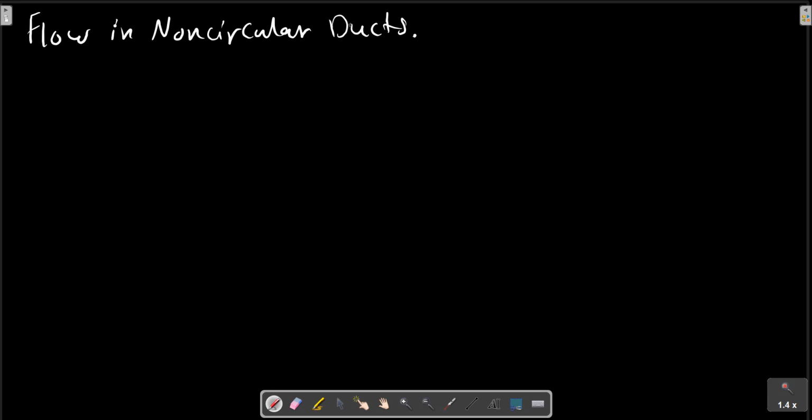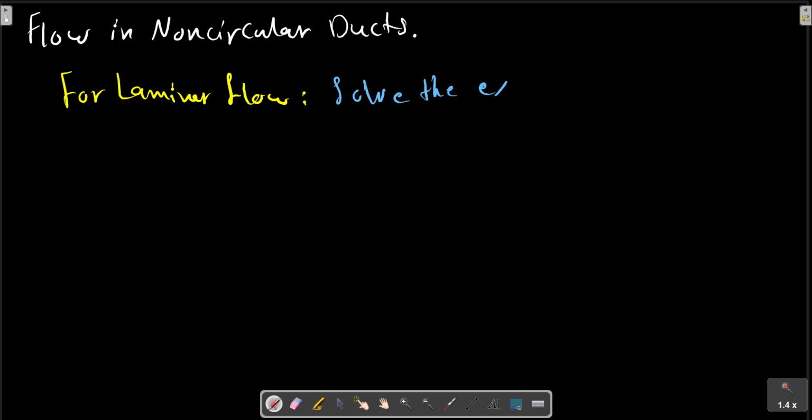For turbulent flow, the logarithmic law velocity profile can be used, or so we can write for laminar flow we can solve the exact equations of continuity and momentum.